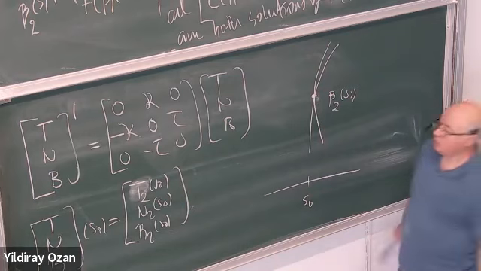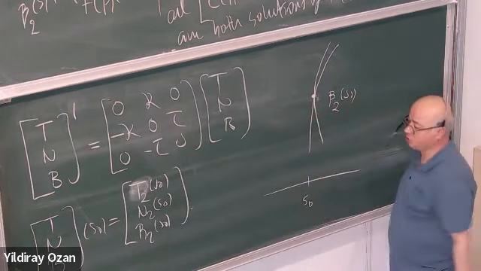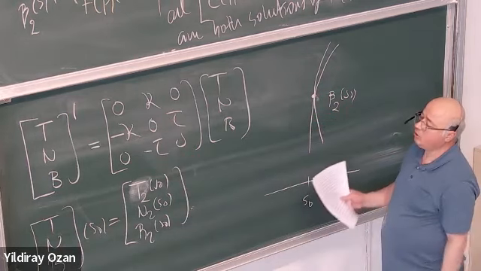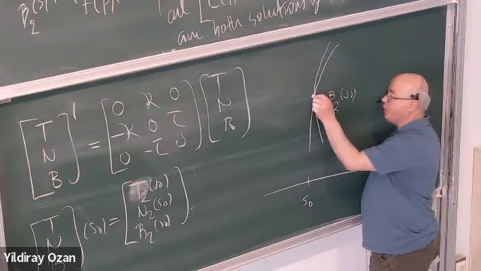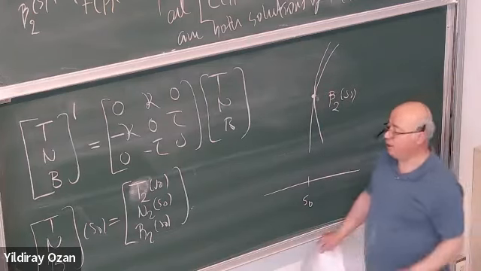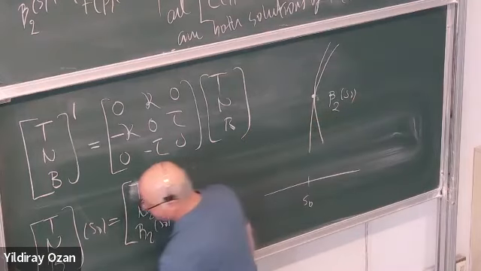But these are continuous functions, and such a system has a unique solution. Therefore, if two solutions agree at a point, then they agree at all the points, not just at this point, but at all the points.